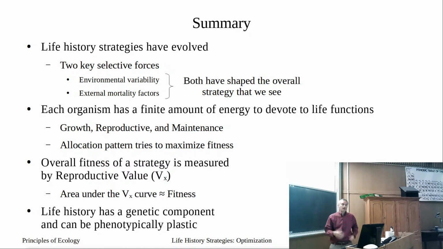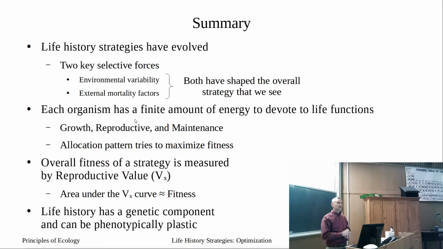So we have this finite amount of energy that we're going to allocate to these 3 processes, and actually we're allocating it to all 3. It's just a question of how much should we allocate, and then each one of these has its own trade-offs inside of it. That's going to be our final lab. The diaspores kind of addresses this allocation of energy.